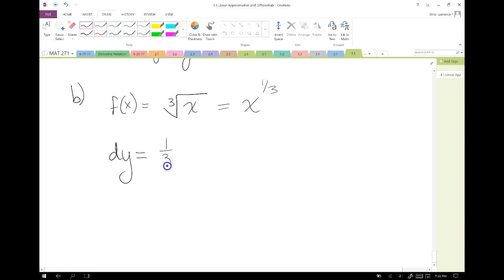So 1/3 x to the negative 2/3, and then dx. To find out how much our y coordinate changed, we multiply together 1/3 x to the negative 2/3 by the amount that our x coordinate changed. And that change in x needs to be pretty small, otherwise it's not going to be very accurate.